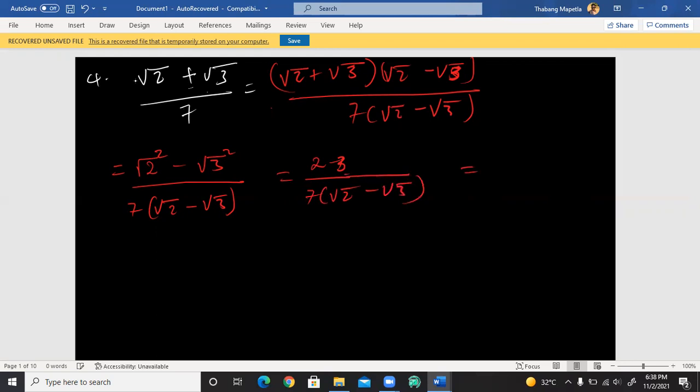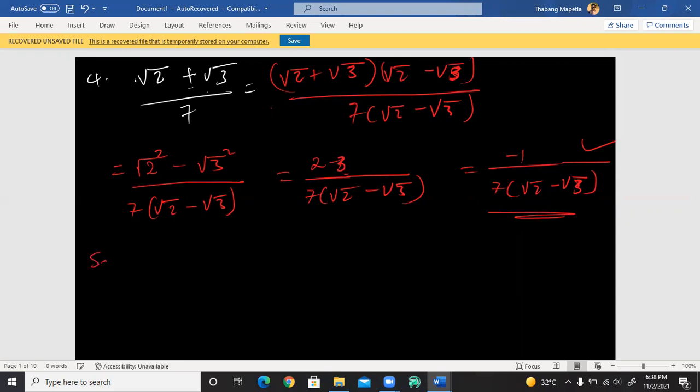Make sure that the division sign goes over everything that you wrote, please. So then you're going to get negative 1 over 7 times (root 2 minus root 3). That will be your answer, right? That is it, fellows. Very easy. Life is easy.